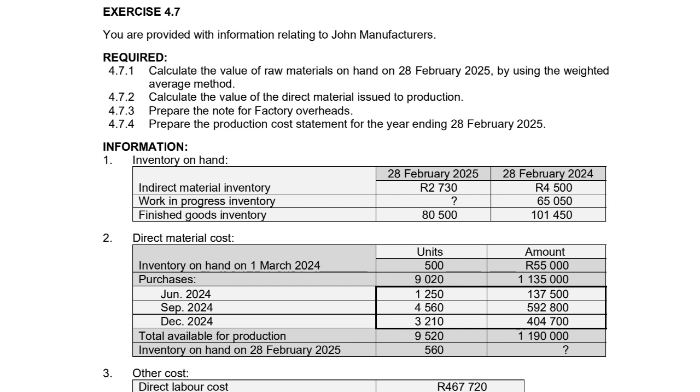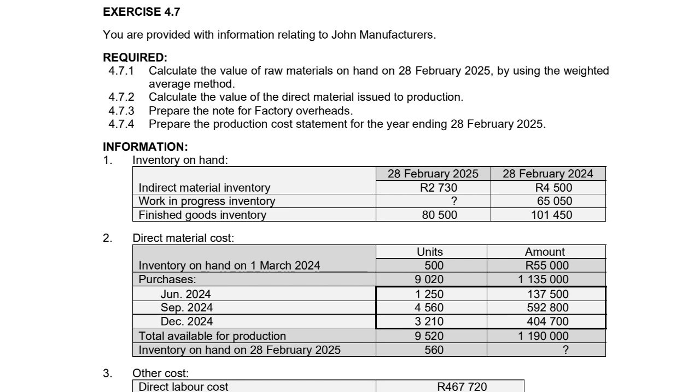Information. Number 1. Inventory on hand for both years: indirect materials and finished goods inventory, and for work in progress inventory, only the beginning year figures given. Information 2, direct materials in units and in the Rand value for our inventory at the beginning of the year, all our purchases, our total available for production, and our inventory on hand 28 February 2025.